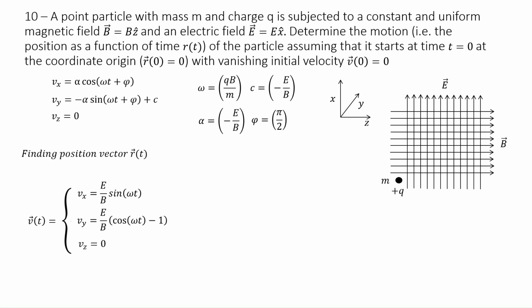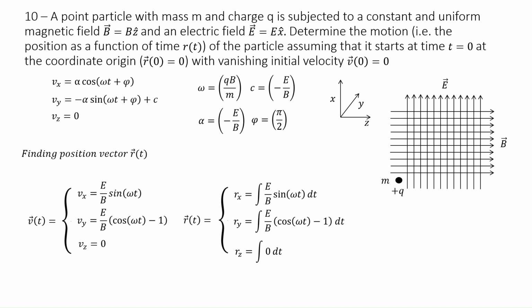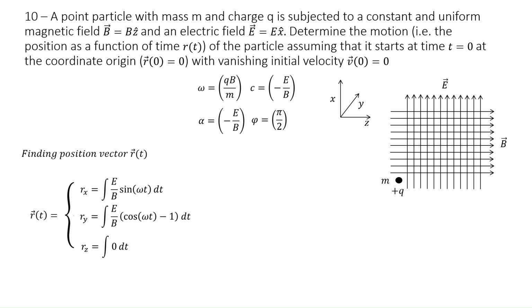So if we get rid of all this ugly work and then just have the bits at the end, in order for us to find our position vectors, r(t), we need to integrate each of these parts. So our position vector in our x direction is the integral of our velocity component in the x direction, same for the y and same for the z. Now, solving these is not too difficult.